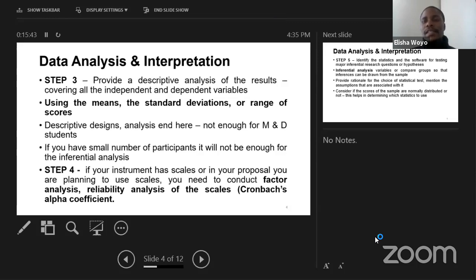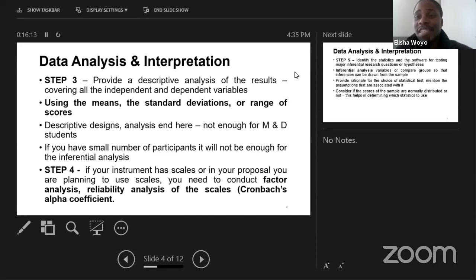So if you have a smaller number of participants, I think in the previous efforts we highlighted that we need people to make sure that they collect data from large samples. If you are to do proper analysis of quantitative results, you really need larger samples. And these days, people are talking about 1,000 plus.